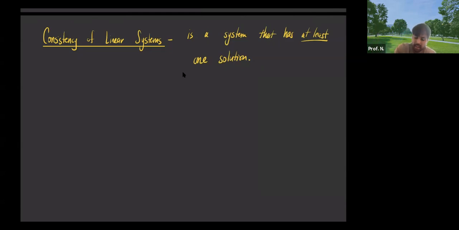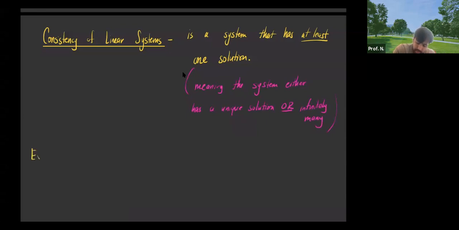So a consistent system is a system that has at least one solution, meaning the system either has a unique solution or infinitely many. So this is under the umbrella of consistent systems.